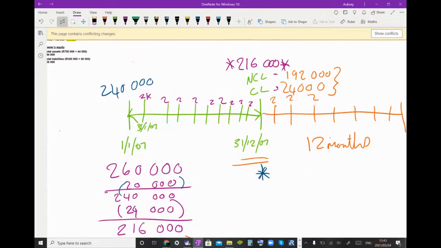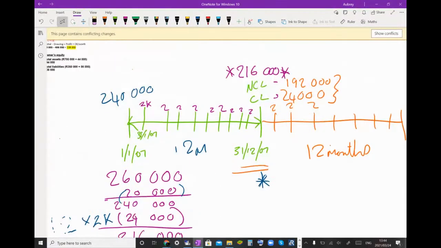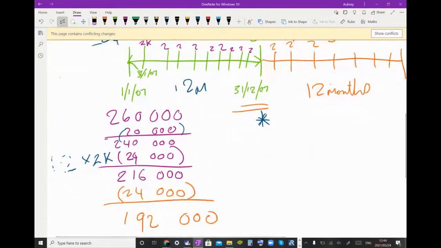We know a year is 12 months, so 12 times 2,000, and that's how we got the 24,000. We then deducted that from what we were owing at the beginning to get to what we were owing at the end, and that's how we got to the 216,000.